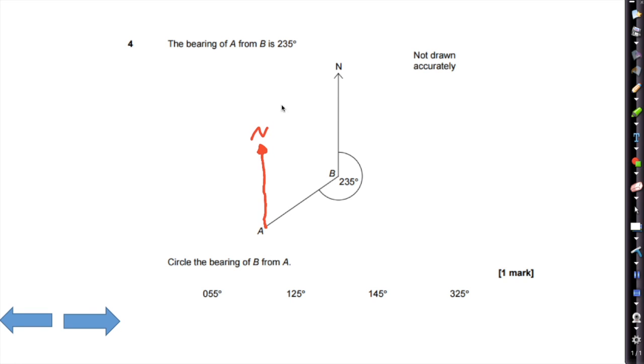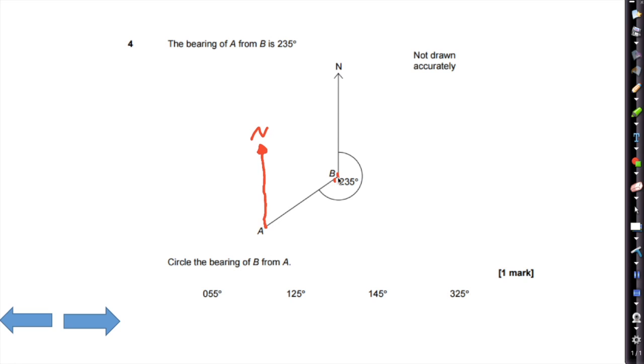Bearings will have north above a point. This point here was B, this point here was A. So we might have our direct north upwards. What this would mean is that we've now got two parallel lines.